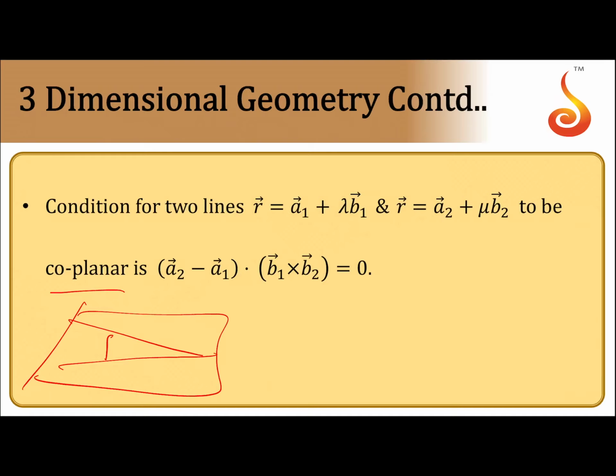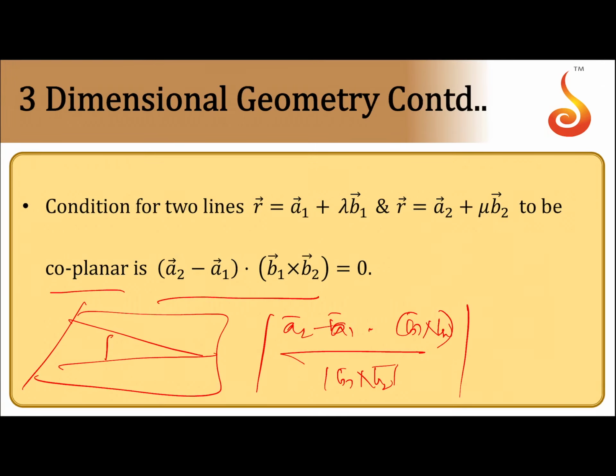Then they are coplanar. The two skew lines are no more skew lines, they lie on the same plane, and therefore the numerator of the scalar triple product shortest distance formula is 0. So it is the scalar triple product divided by the modulus of B1 cross B2, and the numerator is equal to 0.